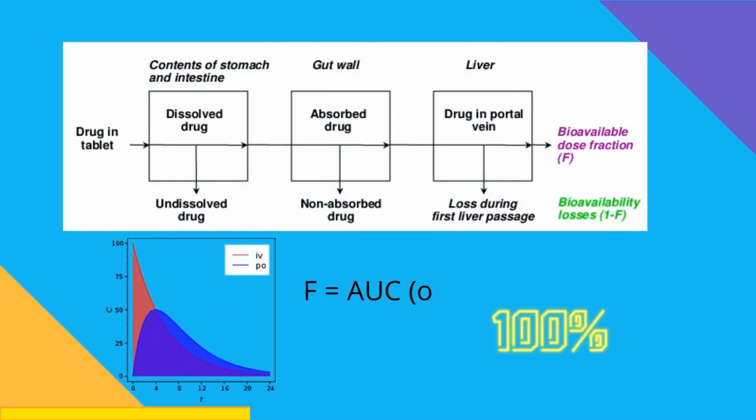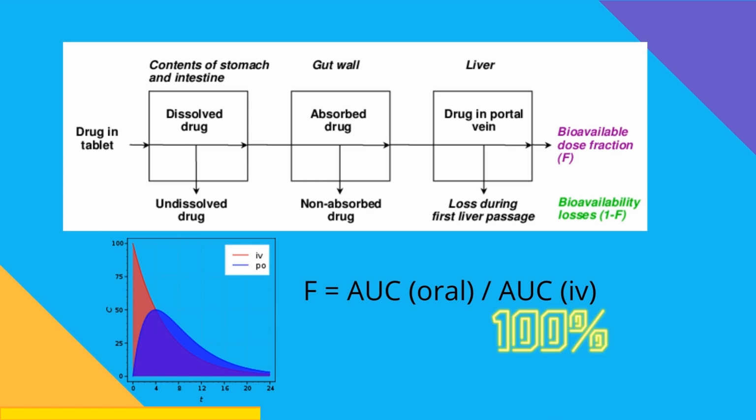In the equation, BA, which is reflected by F, is defined as the area under the curve of the oral form divided by that of the IV form. For the IV form, we assume that the amount of drug absorbed is 100%, because when we look at the chart on top, we can see that there are losses of drug before it can reach the site of action.